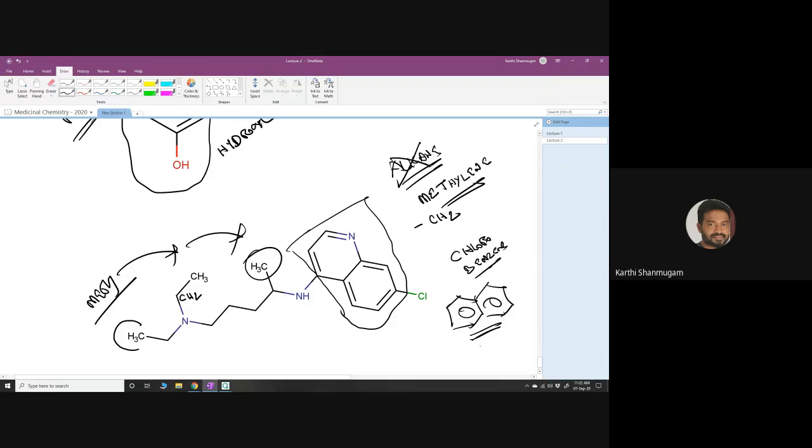Two benzene rings which are attached together. What's the name for this functional group? Nothing is new. Everything you have studied in your 11th standard and 12th standard. So quickly, what's the name of this functional group? You can refer online, no issues. You can refer to your lecture notebook.